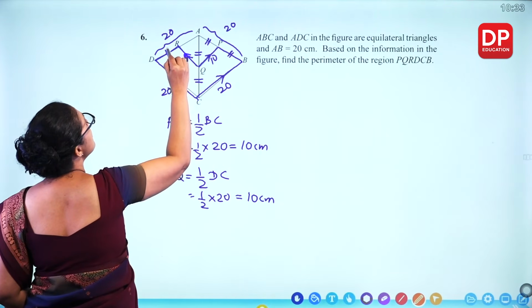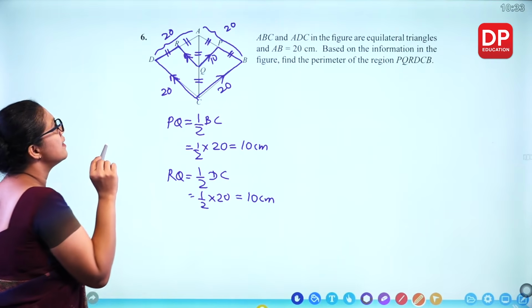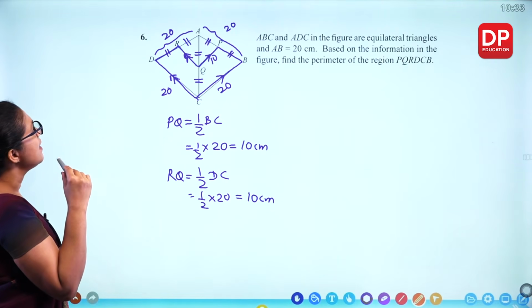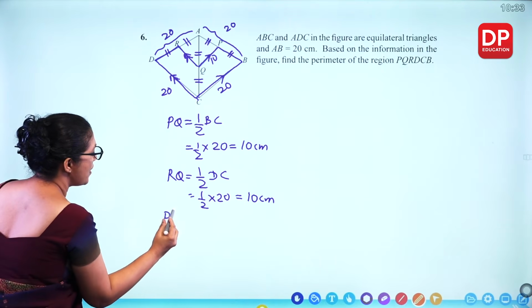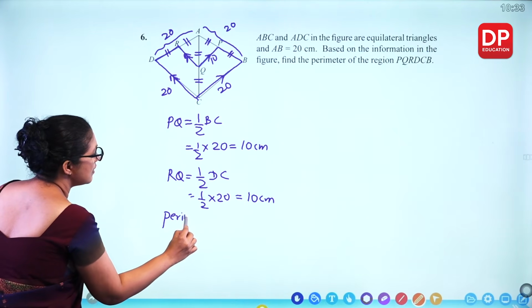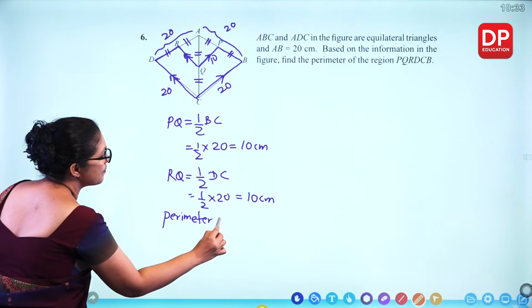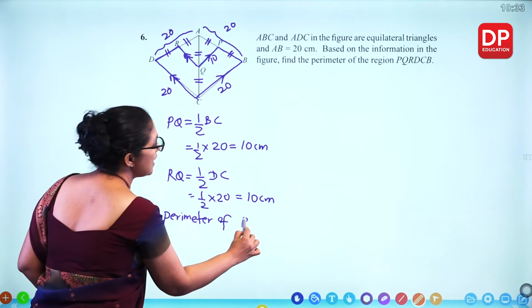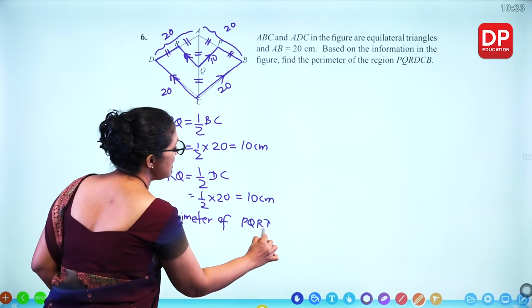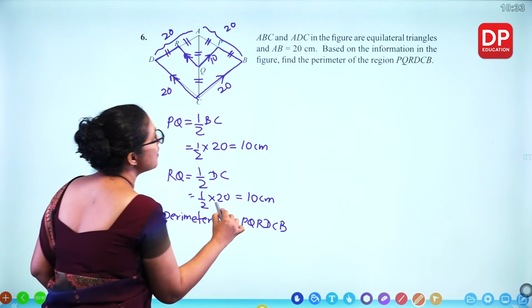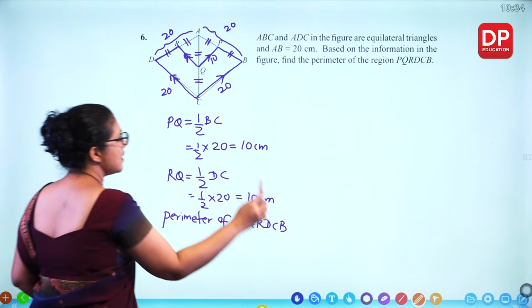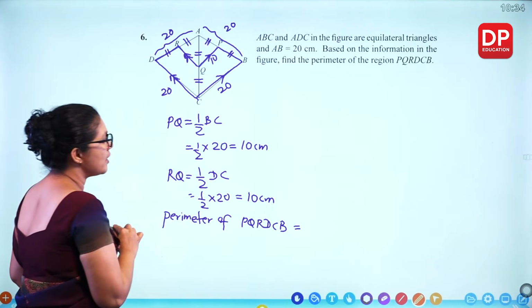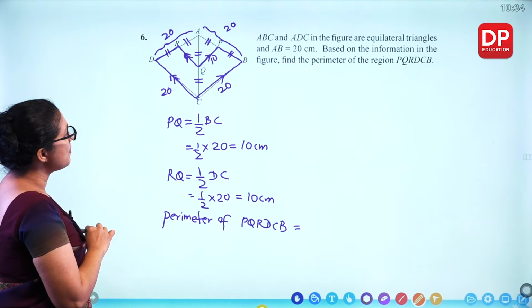This is equal to this side. Now, we can add all sides to get the perimeter. So, perimeter of PQRDCB, not a quadrilateral, 1, 2, 3, 4, 5, 6, a 6-sided polygon.